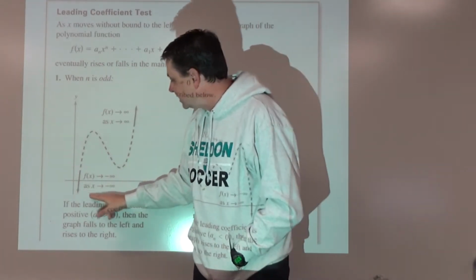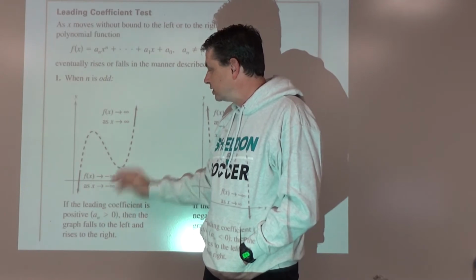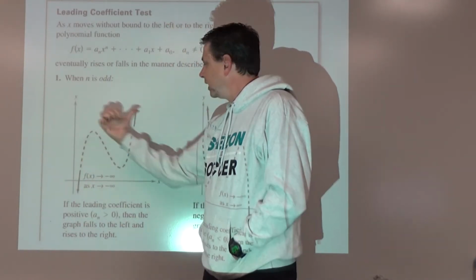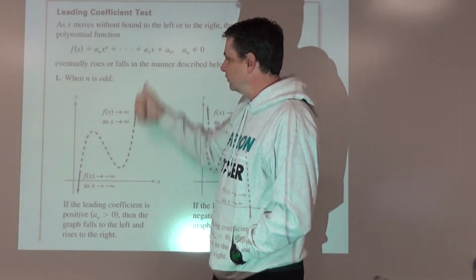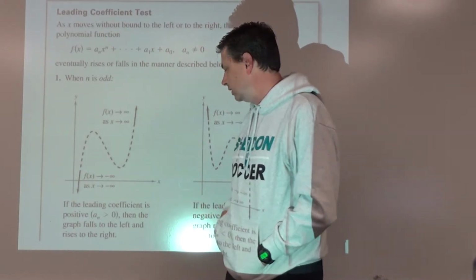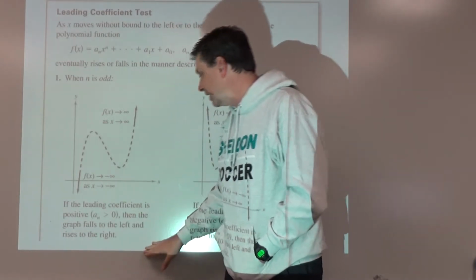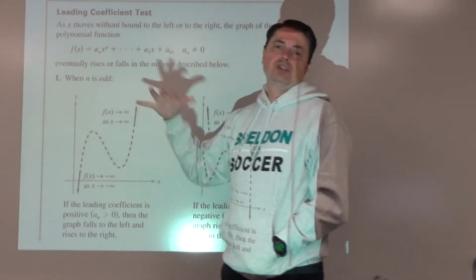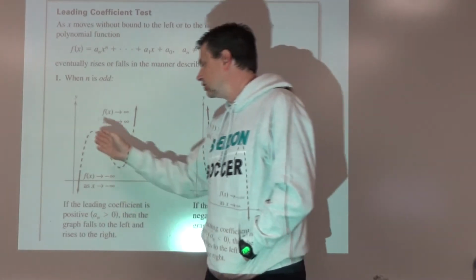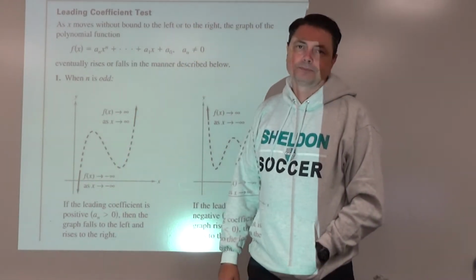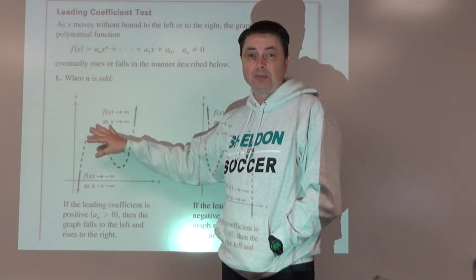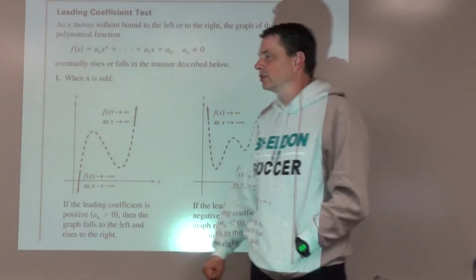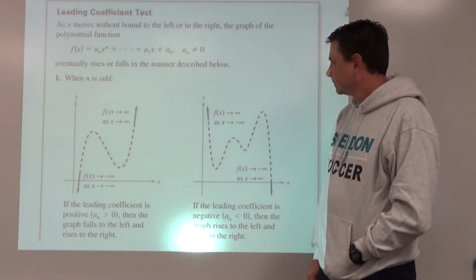You could say as x approaches negative infinity, f of x approaches negative infinity. As x approaches positive infinity, f of x approaches positive infinity. This book likes to say it falls to the left and rises to the right, which is fine. I typically say starts low, ends high. But if you're doing something in WebAssign, you probably want to stick with that: falls to the left, rises to the right.